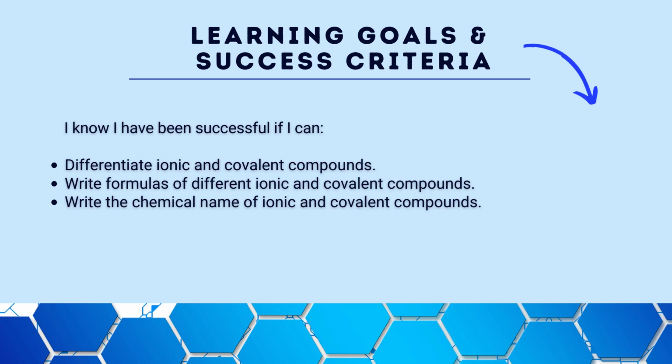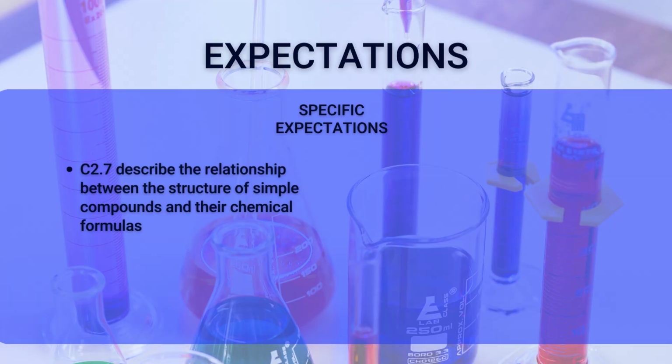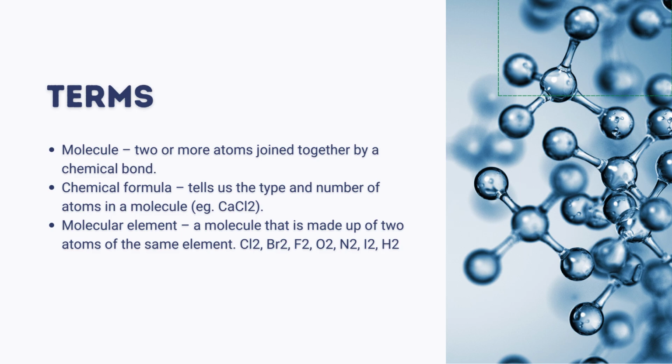So ask yourself, are you able to differentiate ionic and covalent compounds, write formulas of different ionic and covalent compounds, and write the chemical name of ionic and covalent compounds? The specific expectation targeted within this lesson includes C2.7.